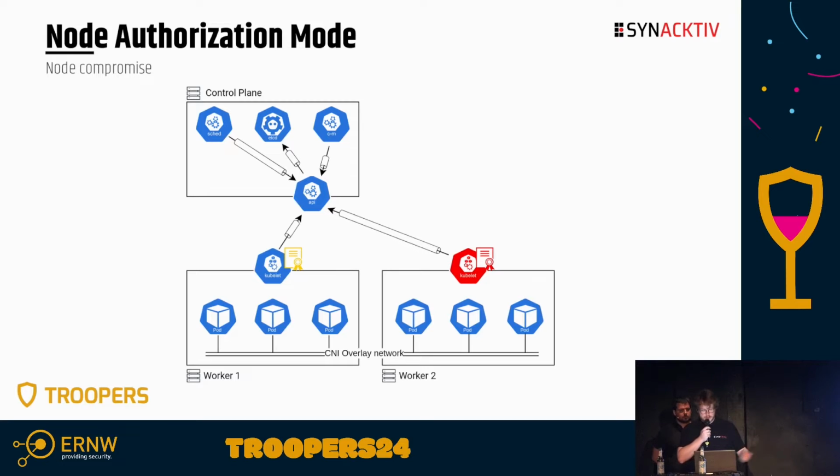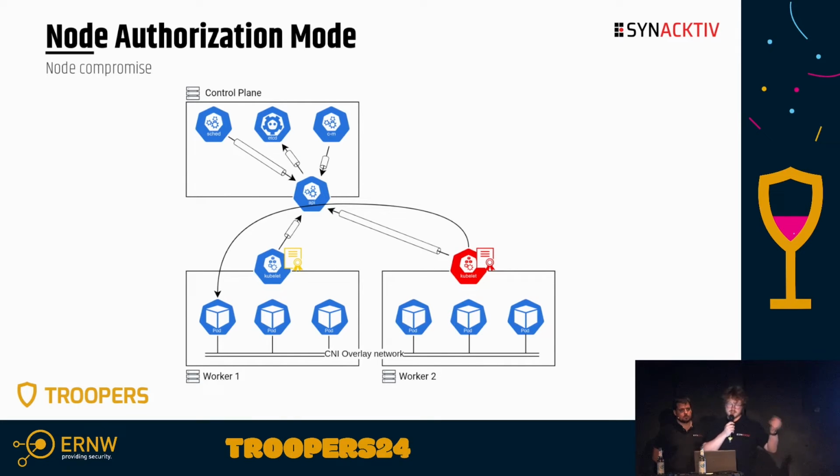And so if you only add RBAC, you will not be able to restrict a kubelet from accessing information for resources that are deployed elsewhere inside the cluster. So that's a problem. It will lead to lateral movement.